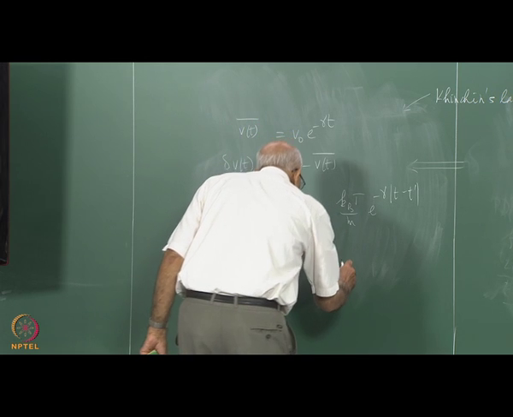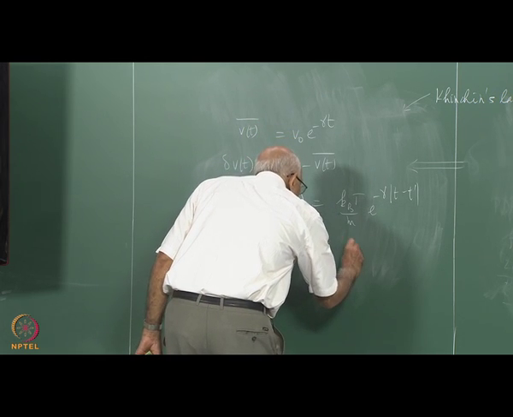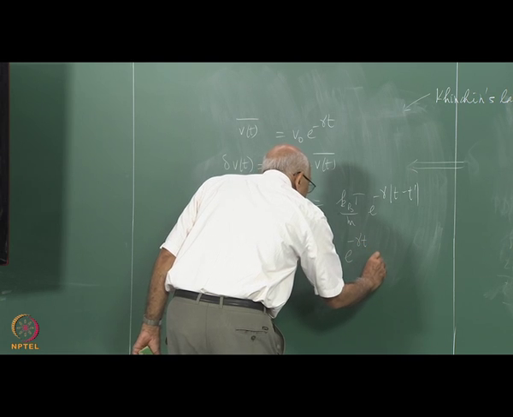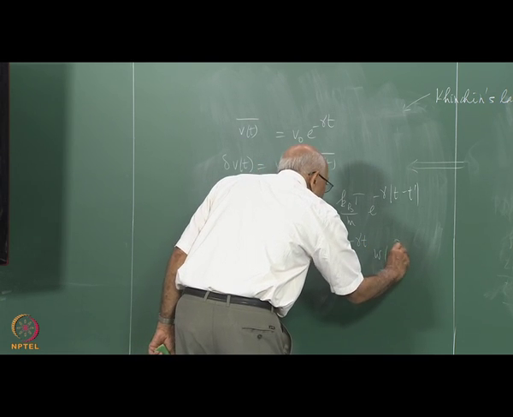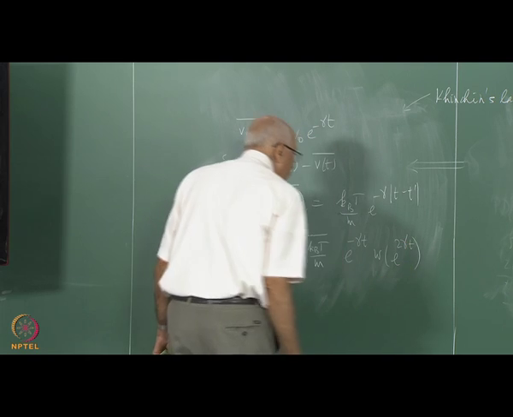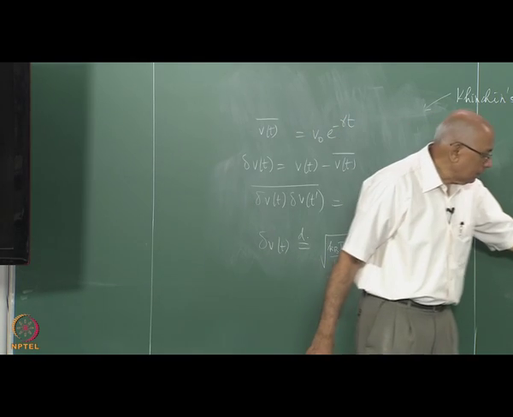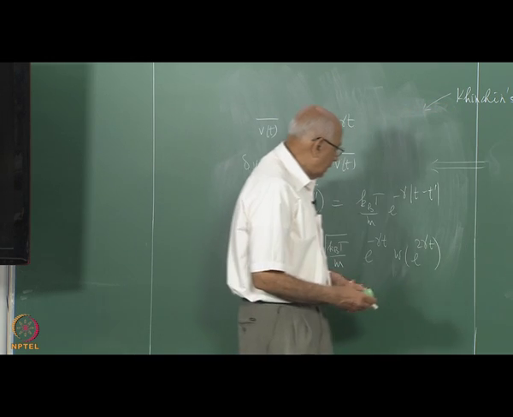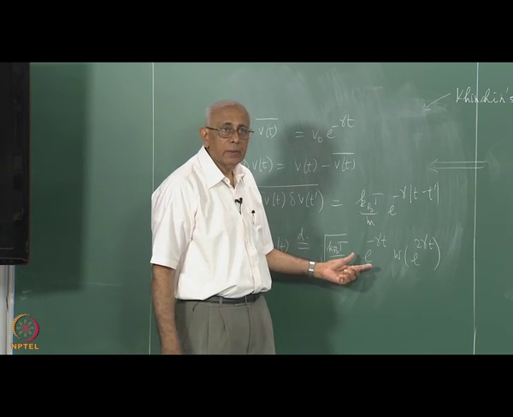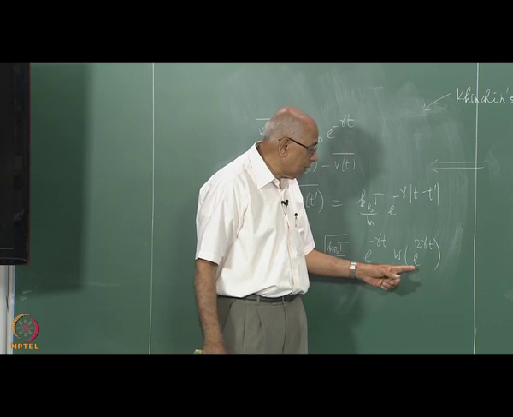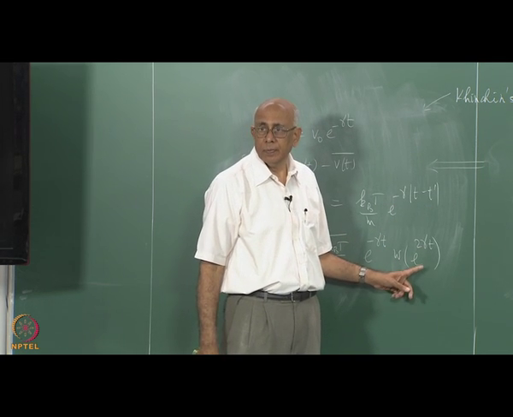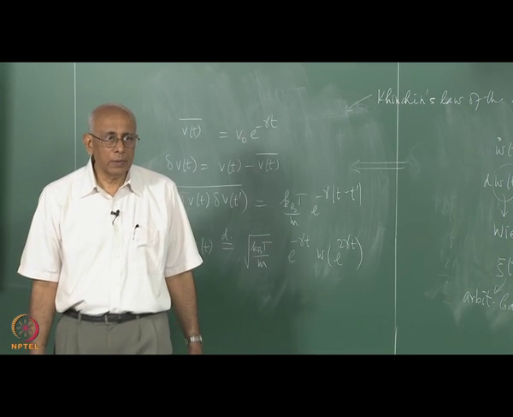So let us write this as equal to e to the minus gamma t, a Wiener process of e to the twice gamma t. So this scale factor outside is e to the minus gamma t, and the time is getting replaced by e to the twice gamma t. Okay.